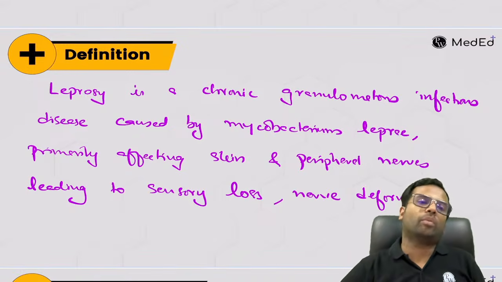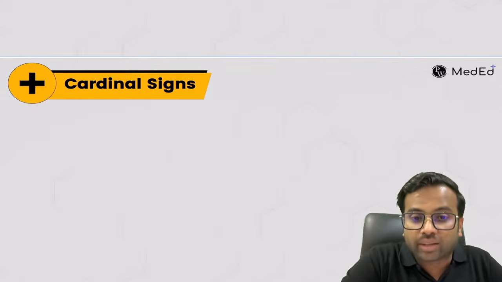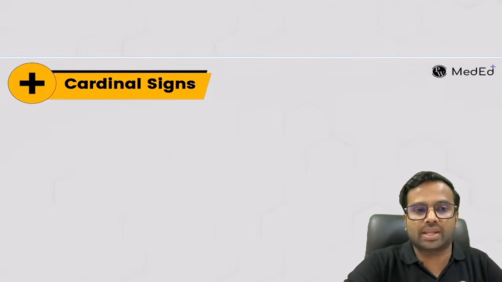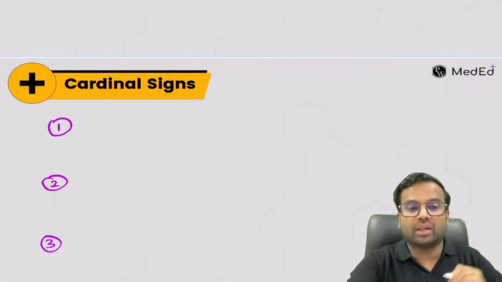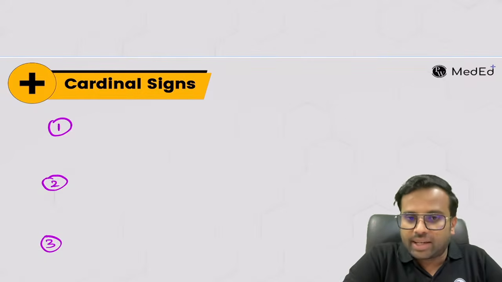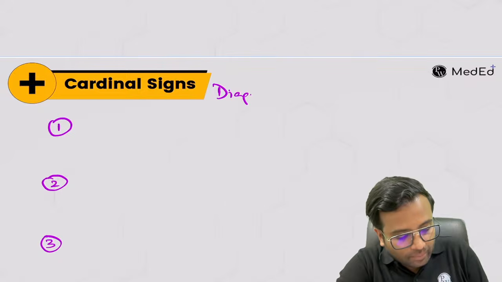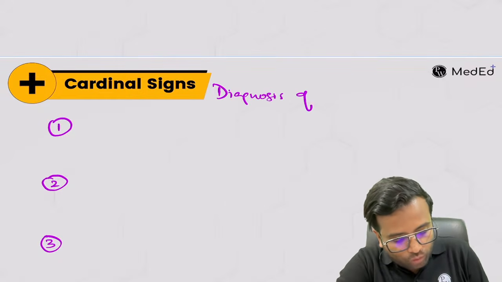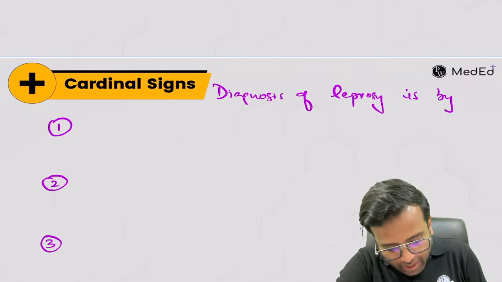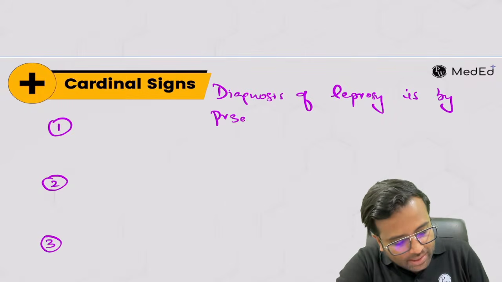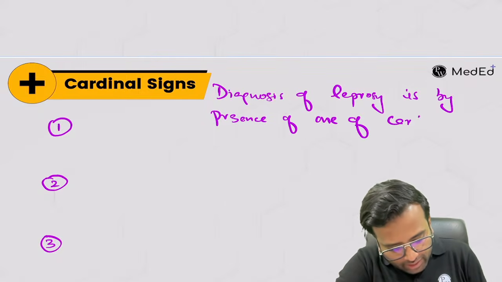Now, after describing leprosy, you definitely need to write down what are the cardinal signs in leprosy. There are one, two, and three. Three cardinal signs in leprosy, because diagnosis of leprosy is by presence of one of the cardinal signs.